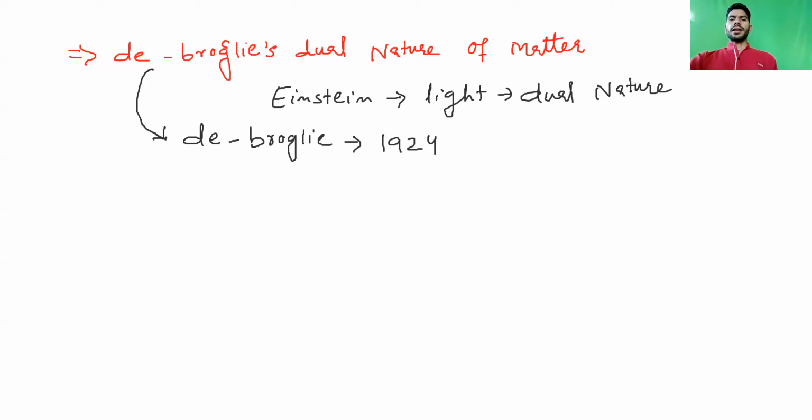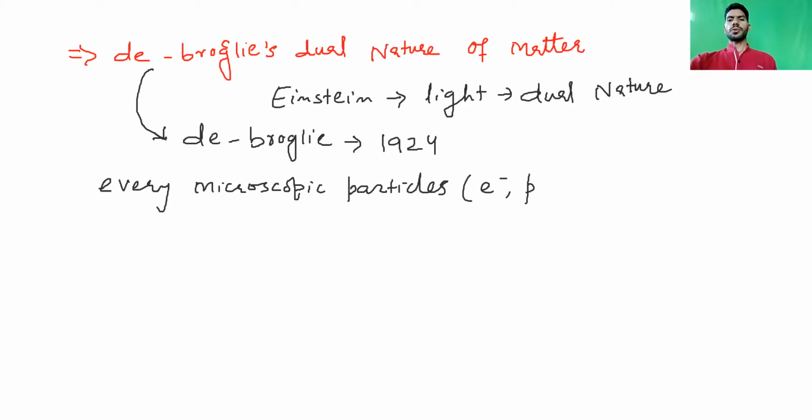He told that every microscopic particle, so we have various microscopic particles like electron, proton, neutron, atoms, molecules, all these are microscopic particles, isn't it?